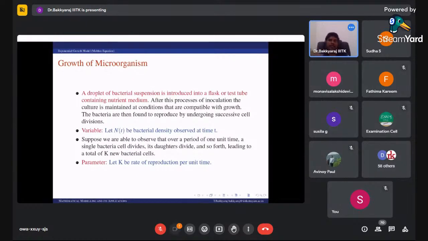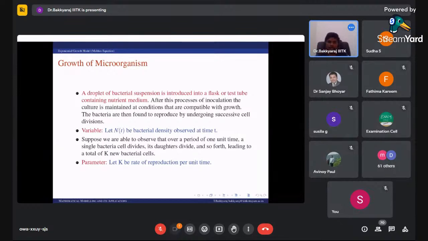Suppose you assume that we have sufficient facility to count the number of bacteria present over the fixed unit time. As I said earlier, it may be an hour or whatever it may be, some unit time we fix.